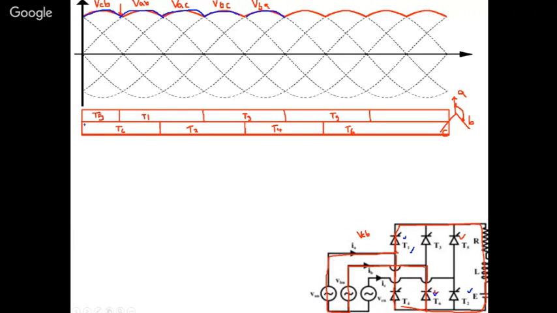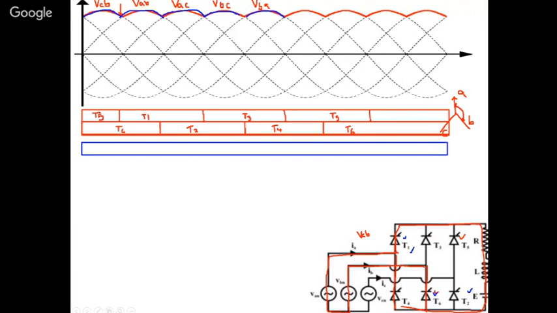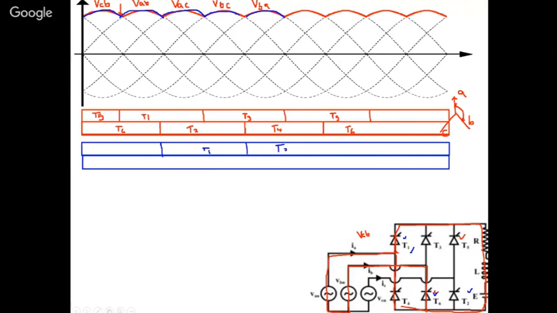Now the same thing, I am just giving a delay of say 60 degrees. Okay. So when I do 60 degrees, I'm shifting all the thyristors by 60 degrees. So let me fire my T1 here, my T3 here, and my T5 here. Similarly, from here, every 60 degrees, it will be the next thyristor.